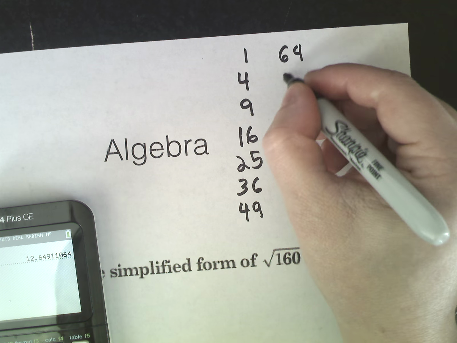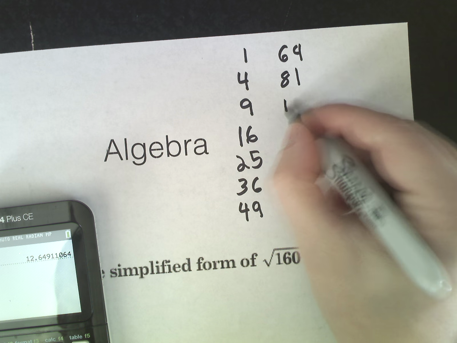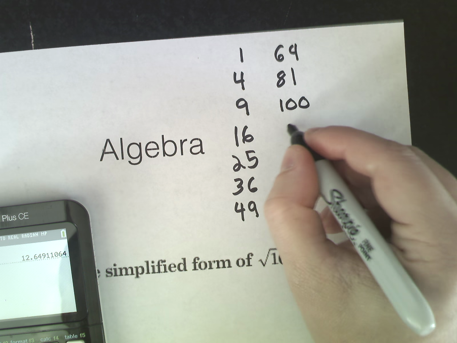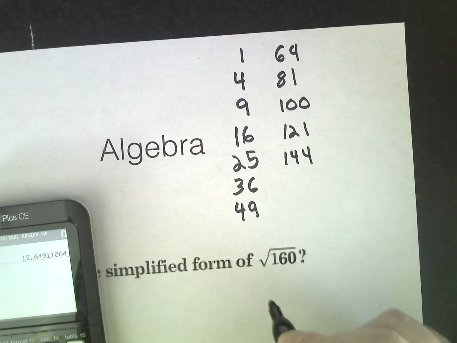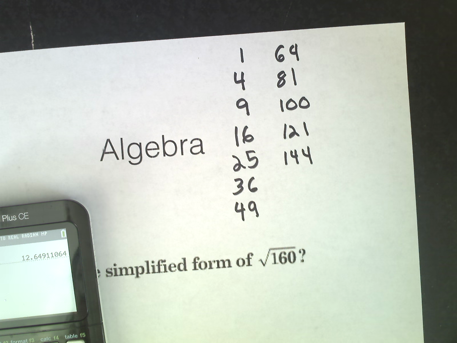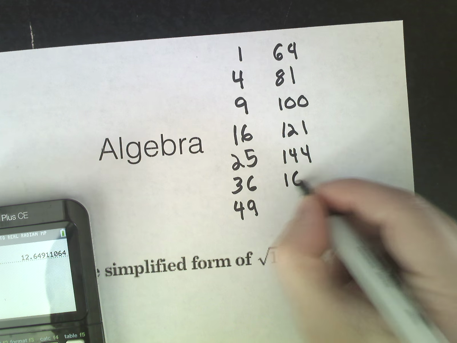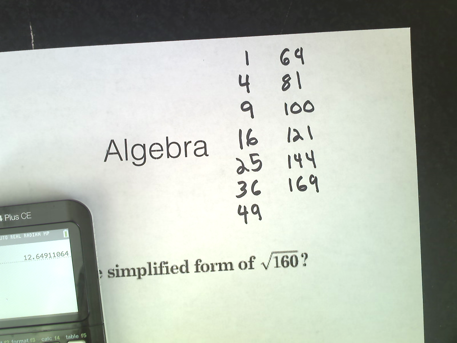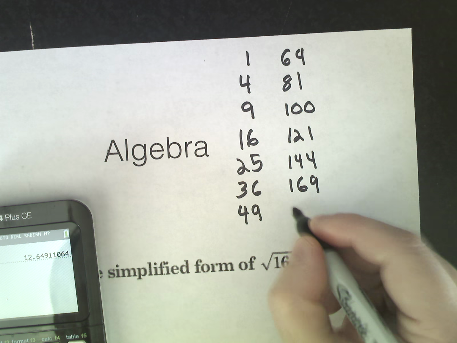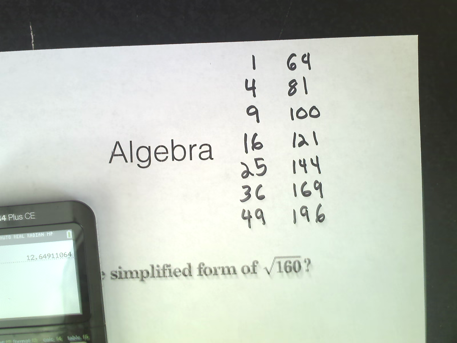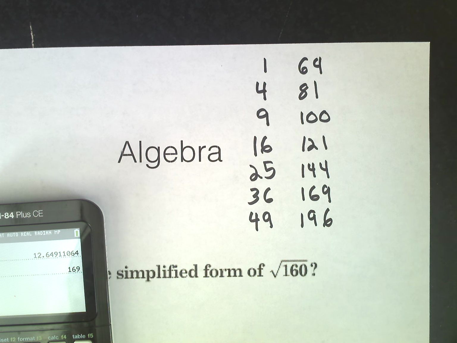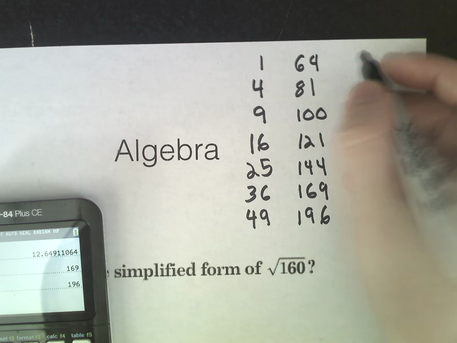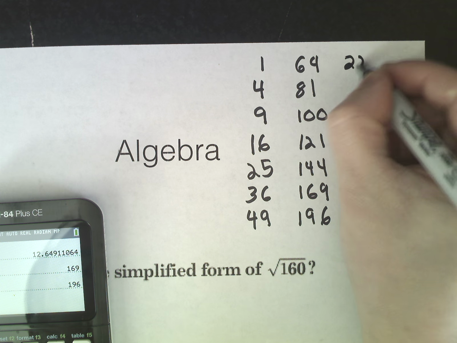After 64, we have 81, 100, 121, 144, 13 squared I think is 169, 14 squared is 196. I'm just double checking my math here. I usually don't go up this high. 196. And if we do 15 squared, it's 225.